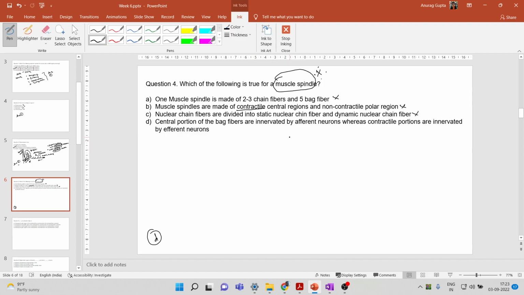Yeah, this is correct. A muscle spindle has these intrafusal fibers, which are parallel to and surrounded by extrafusal fibers. The central region is non-contractile and the polar regions are contractile.